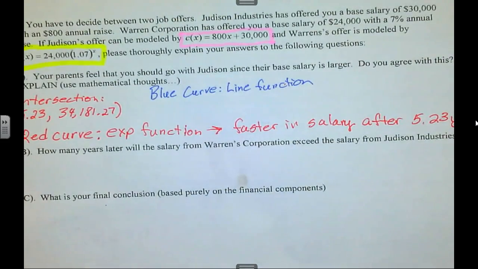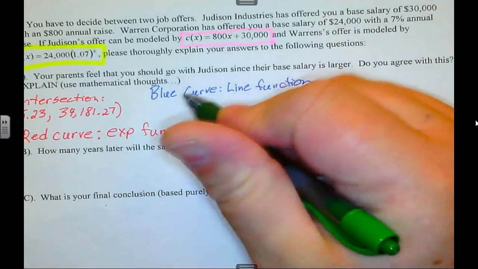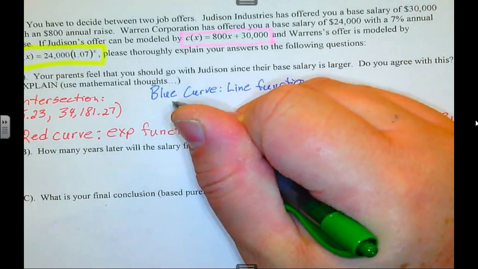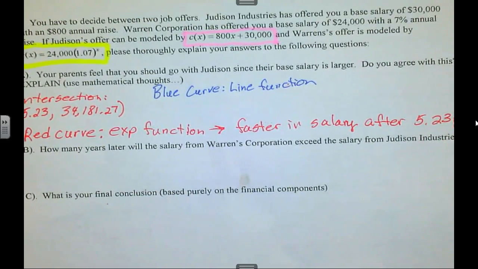All right, Clayton, why do you agree with going with the blue curve? Because it could be just, I'm not planning to work there more than 5 years. Great explanation.